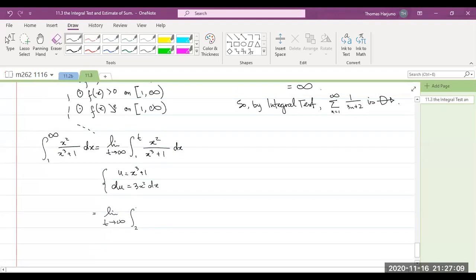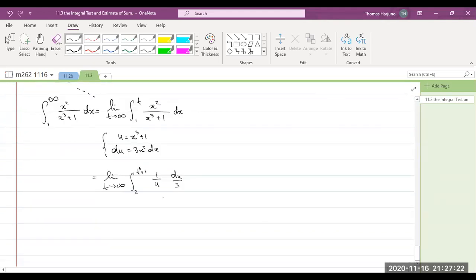When x equals t, that's t cubed plus 1. That will be du over 3, and this is 1 over u. So I get 1/3 limit t goes to infinity of natural log of absolute u from 2 to t cubed plus 1.